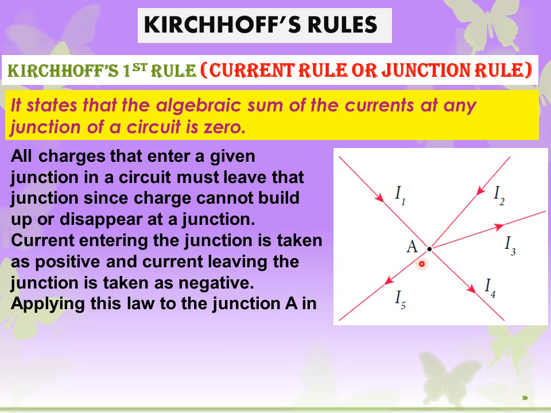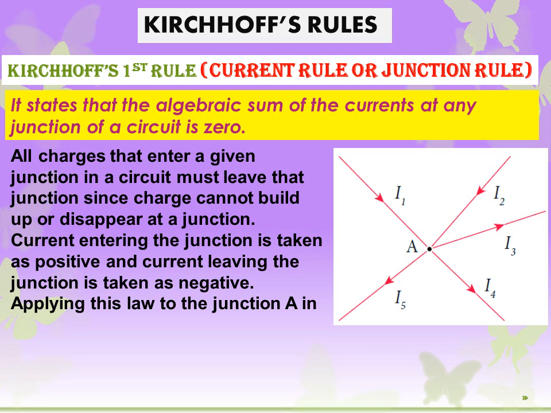All the houses nearby return the current which they have not used, but there is no problem in the circuit of the electric post. Why does this not happen in the post? It's all because of this rule, Kirchhoff's rule.